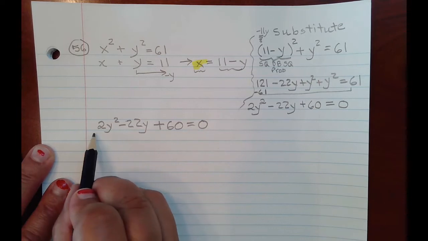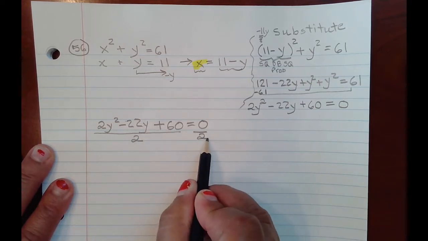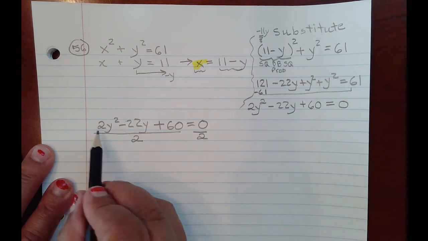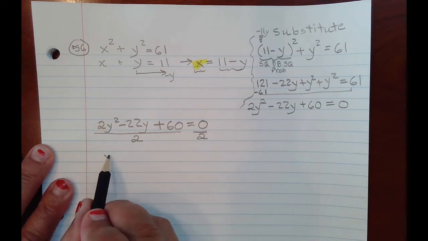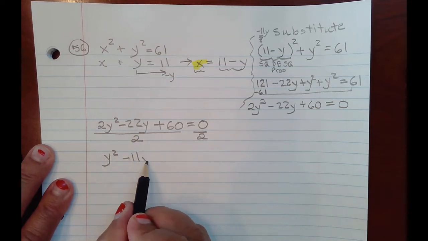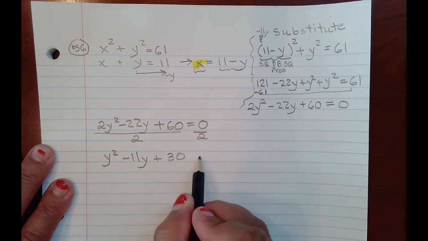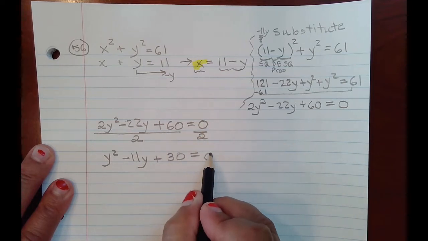So let's go ahead and do that. We're going to divide all of this by 2. Therefore, we have to divide this side by 2. That would make this 2 divided by 2, 1y squared. It would make this negative 22 a negative 11y, and it would make this a 30. 0 divided by any number is 0.